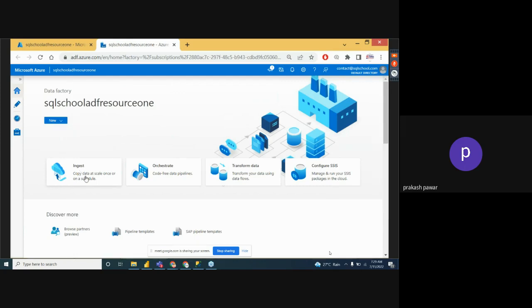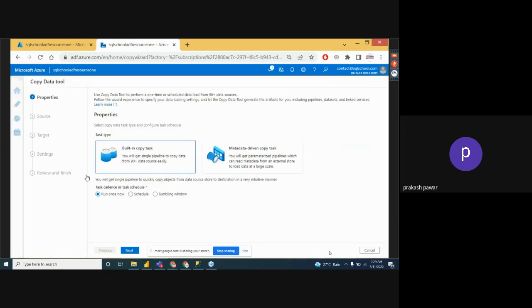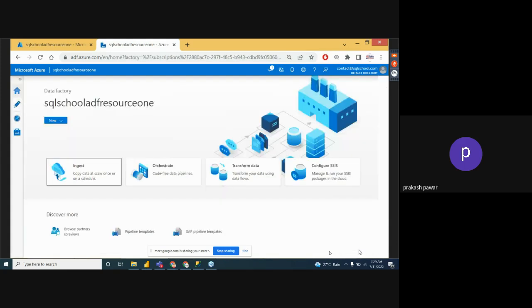Click on Ingest. You get a basic pipeline. In on-premise, we have the import export wizard. You are aware of it, everyone? That is ETL, right?